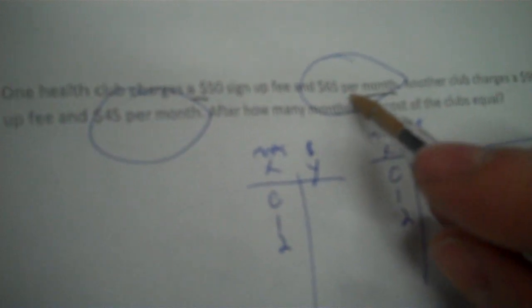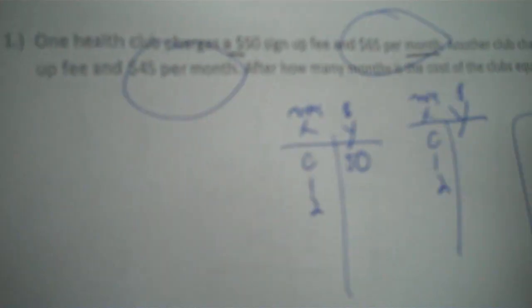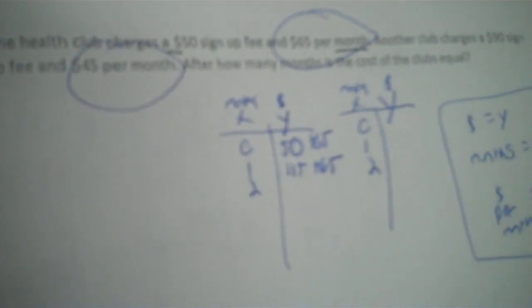So months and money. 0, 1, 2. Okay, so this one, the $65 per month has a B value of 50. So we start adding 65. That's going to be 115, and then plus 65, 180.